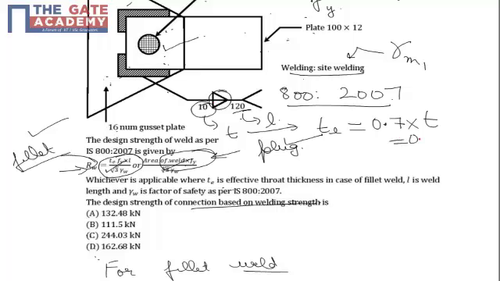So 0.7 into 10 comes out as 7 mm as throat thickness, because in the formula we have to use te, that is throat thickness, and where the angle of joining between gusset plate or connecting plate and weld is 90 degrees, the throat thickness is 0.7 times the thickness of weld.